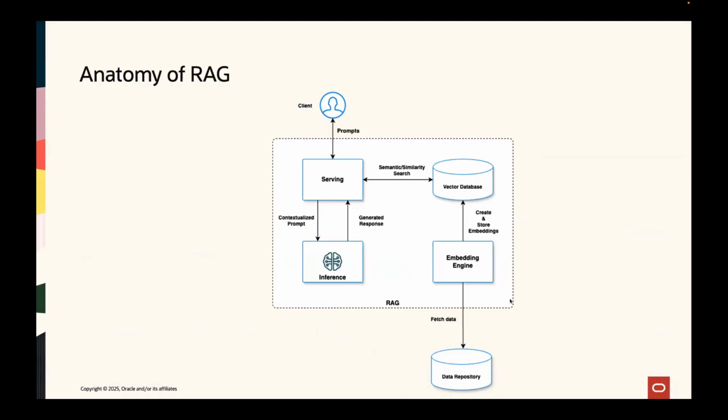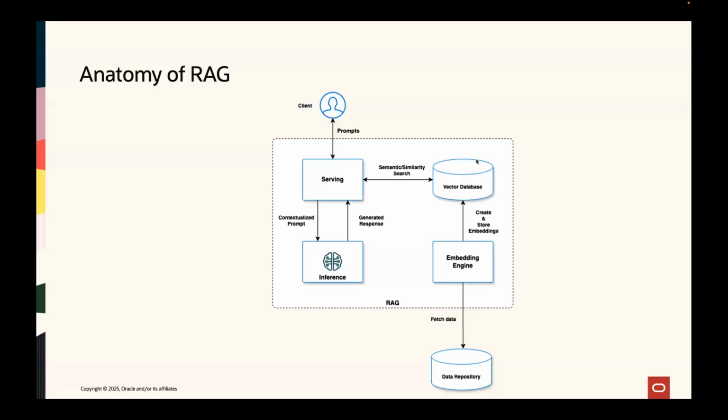That ingesting process goes into the embedding engine, and there are numbers, or floating point vectors, that are calculated from those documents, and they get calculated and stored in a vector database. So that is part of the RAG process for ingesting that bit of information.